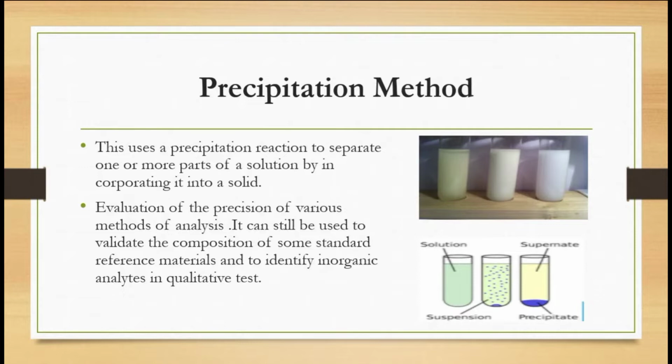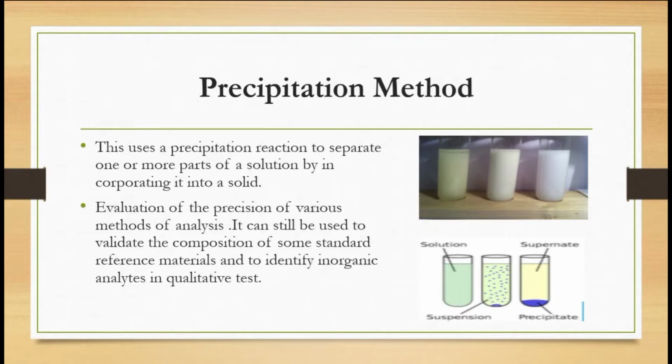The pictures above show test tubes containing a yellowish precipitate on the left side, a cream colored one in the middle, and on the right side the white one, which is silver chloride. Precipitation gravimetry has been replaced by more advanced techniques.